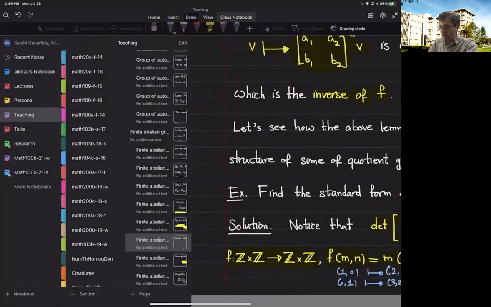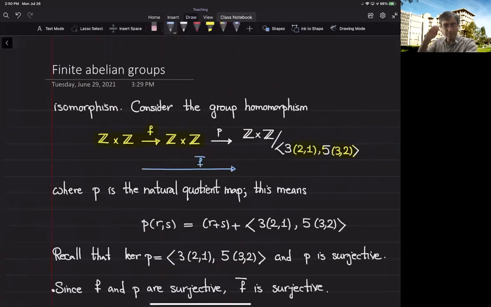This f is trying to help us change the basis, so to speak, in order to have a nice denominator in this factor group. That's the goal of this method. So we have this automorphism f, and then I have this natural quotient map from Z cross Z to the quotient of Z cross Z by this group that's generated by 3 times (2,1) and 5 times (3,2).